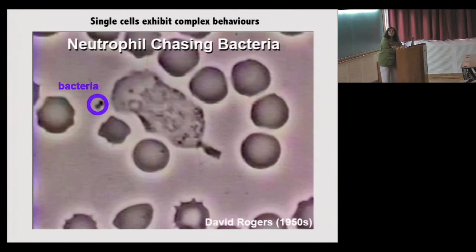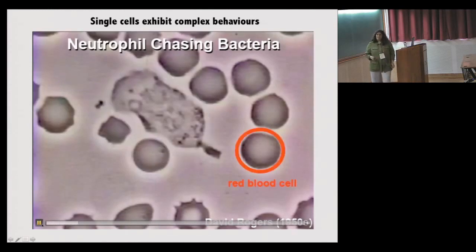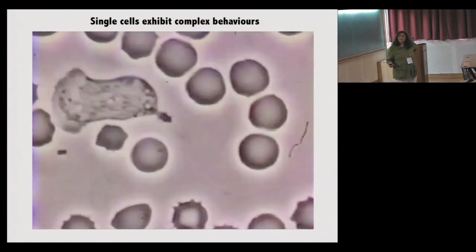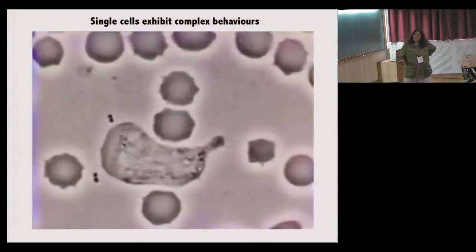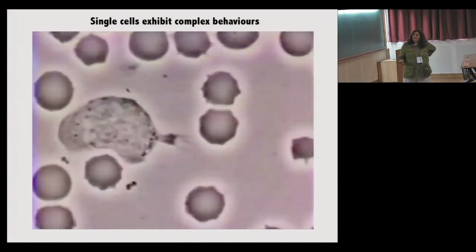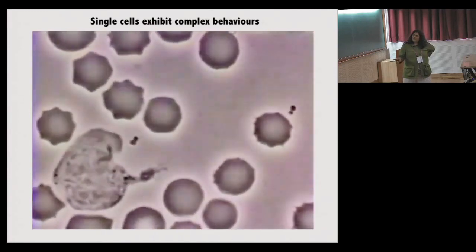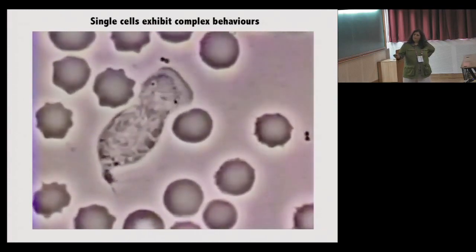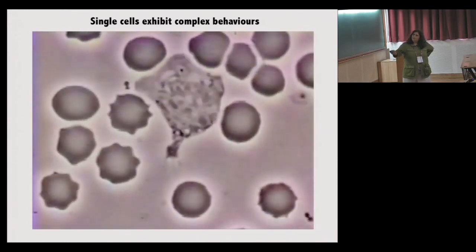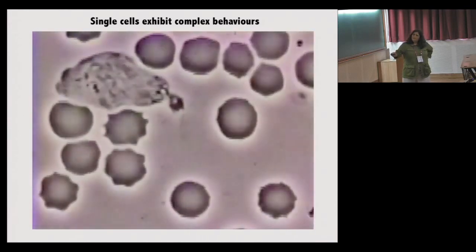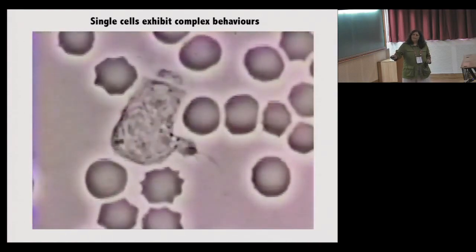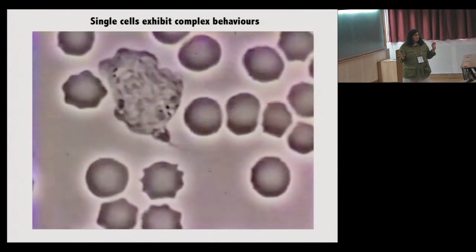So this is a white blood cell that's chasing a bacteria that's labeled there, which it is eventually going to ingest. And you will see how it chases this bacteria, right? It pursues it for the longest time, and you will see that it keeps sort of blebbing out this part of its membrane in the direction of the bacterium till it eventually engulfs it, right?